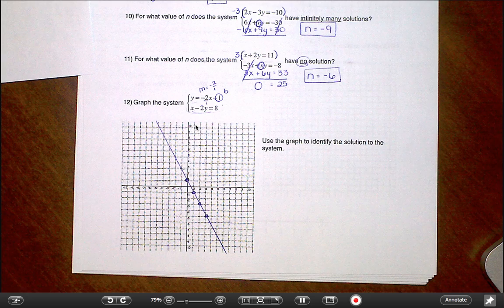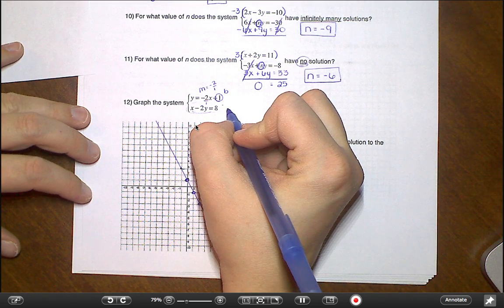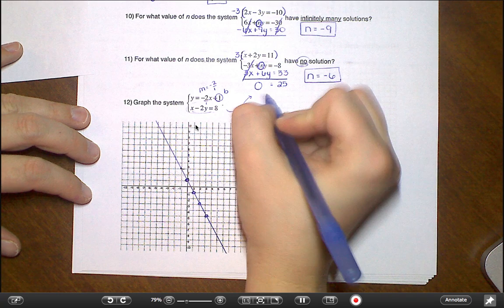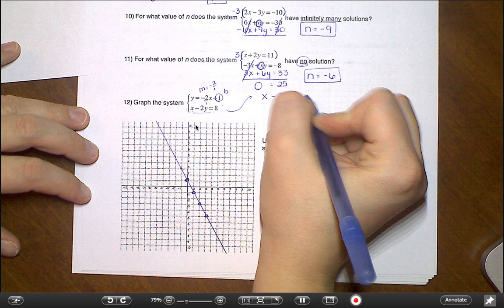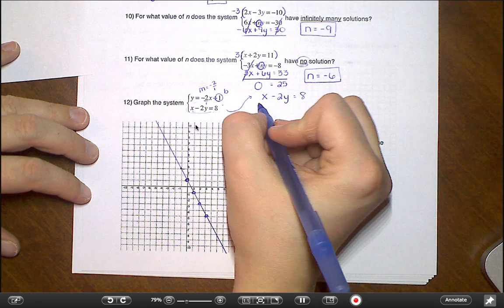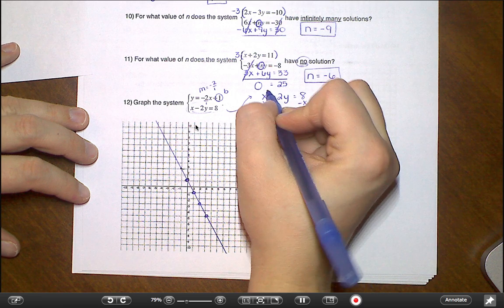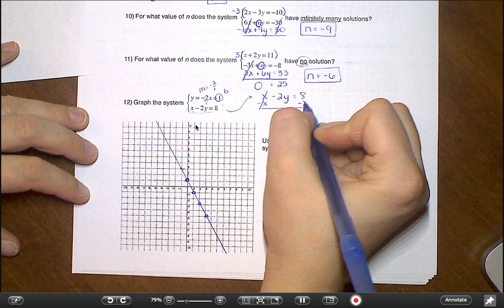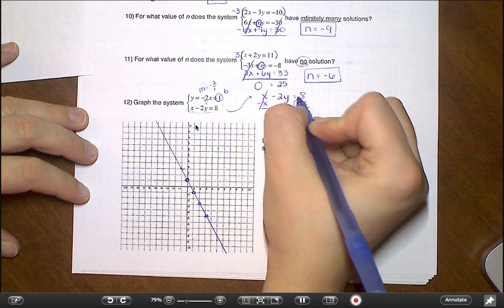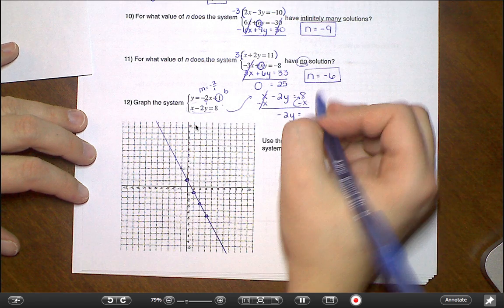probably what most of you would want to do is put this in slope-intercept form. So I'm going to do that off to the side here. x minus 2y equals 8. If I want it in slope-intercept form, I want the y by itself, so I would subtract x from both sides. So now I have negative 2y equals, and I'm going to put the x in front because that's how I like my slope-intercept form, with the x term and then the numerical term.